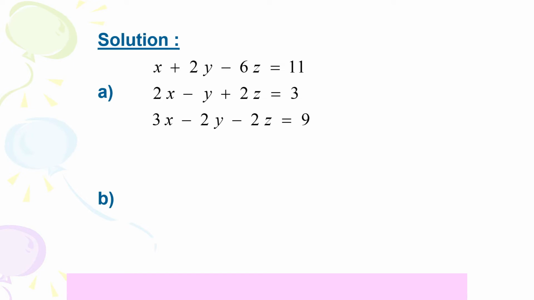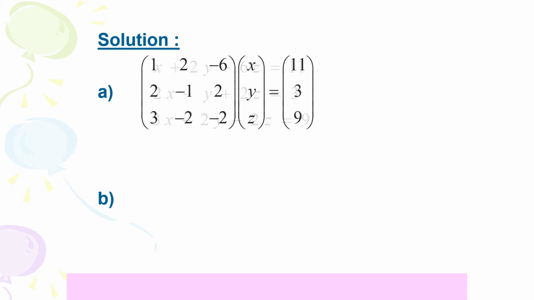So from the linear equations, just use all of the values located in the linear equations to form matrix A, 3 times 3, and then matrix X, which is x, y, z, and matrix B, which is 11, 3, and 9.